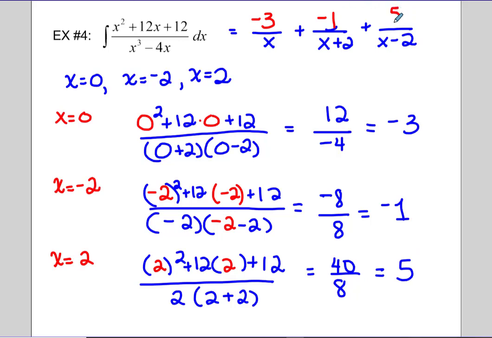Now we know what our integrand looks like. So this is going to be our integrand in terms of x. And again, I'm going to erase this for saving space.